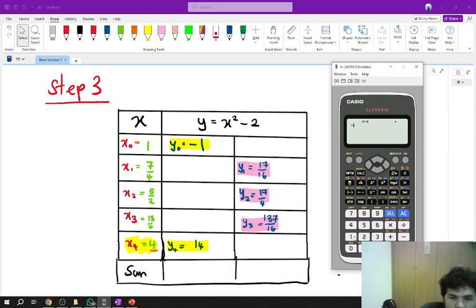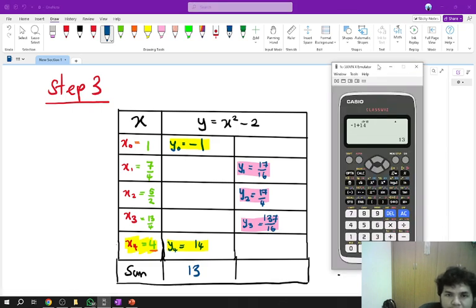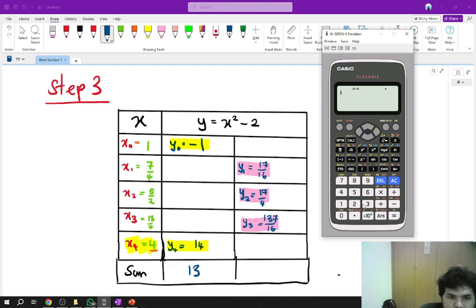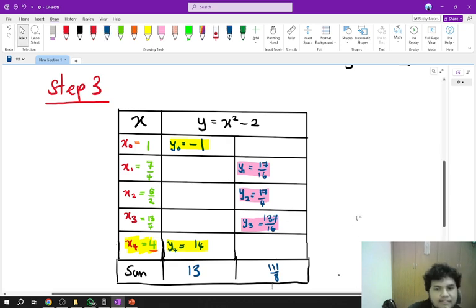So minus 1 plus 14, we get 13 as the answer. For the second column, 17 over 16 plus 17 over 4 plus 137 over 16 will give us 111 over 8. So we have found the summation.